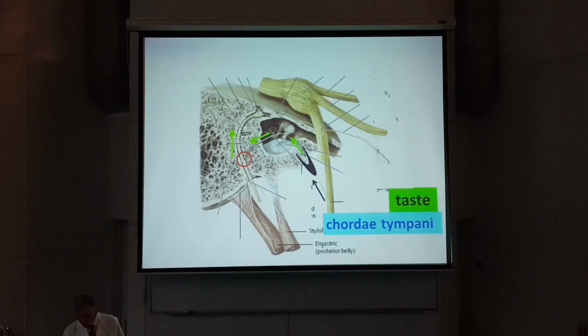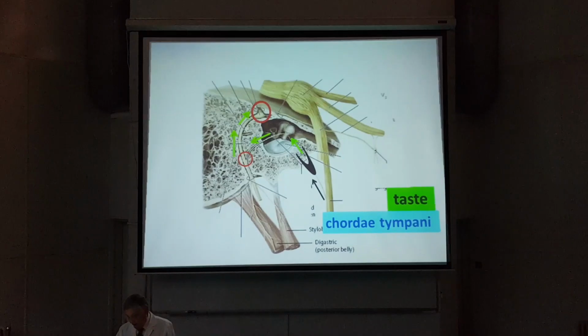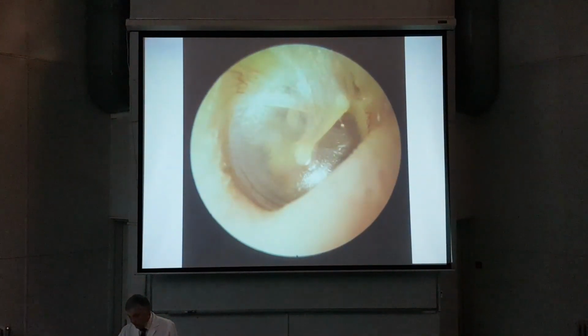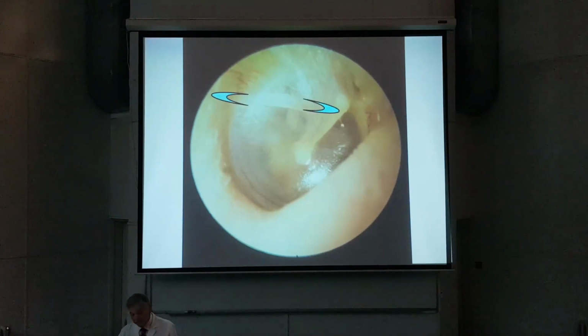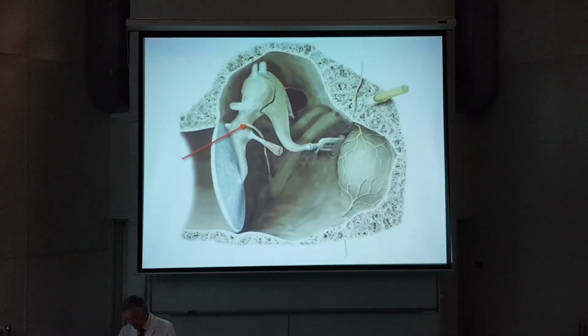Just like, is your hearing different or not? Chorda tympani in the middle ear runs on the tympanic membrane. Inside the tympanic membrane it can be seen in a normal tympanic membrane. So that's the chorda tympani when it joins the facial nerve.